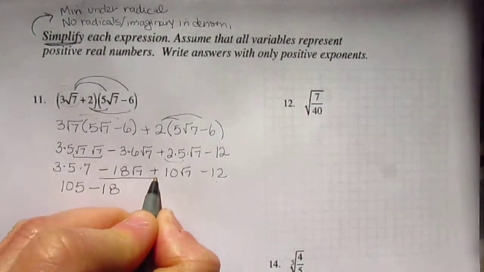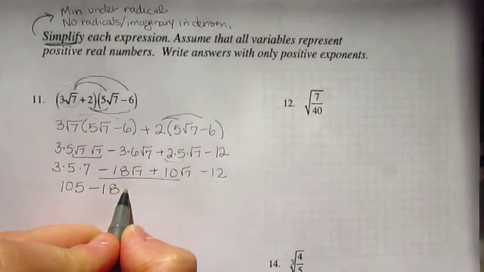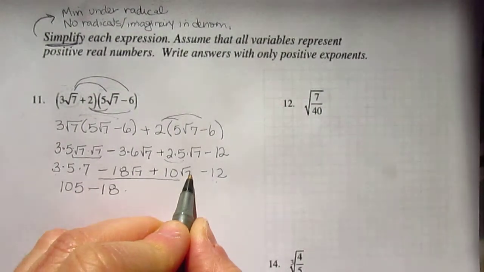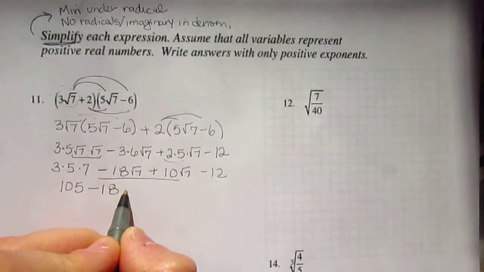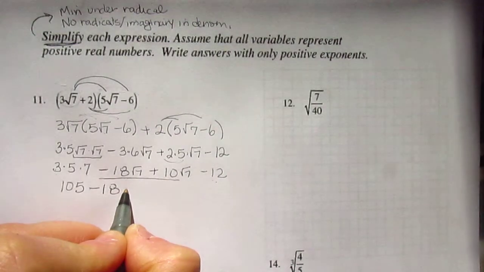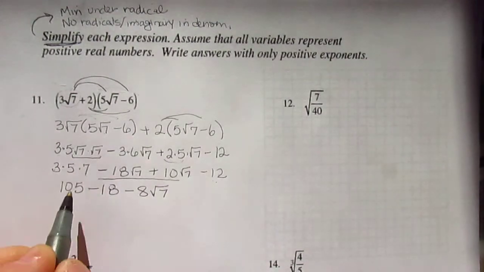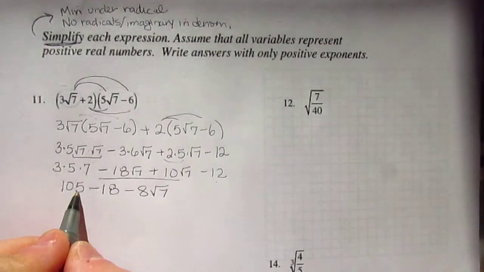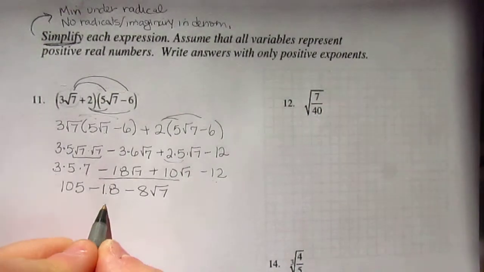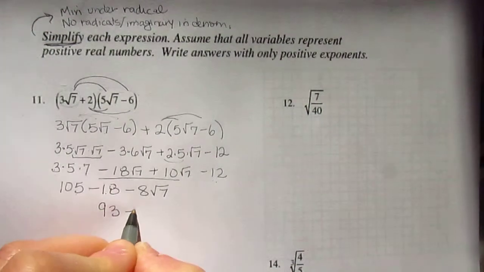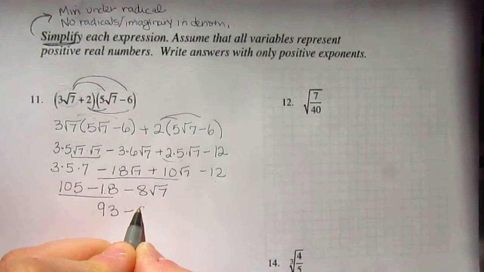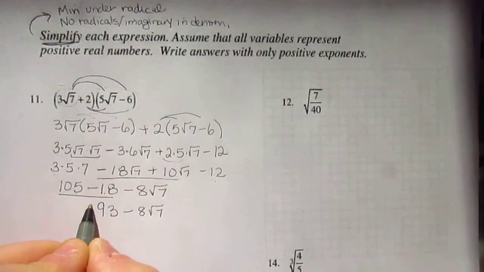And then I'm going to combine these two. Like radicals, add or subtract, combine the coefficients. Minus 18 radical 7 plus 10 radical 7 is minus 8 radical 7. 105 minus 12 is 93. For this term, minus 8 radical 7.